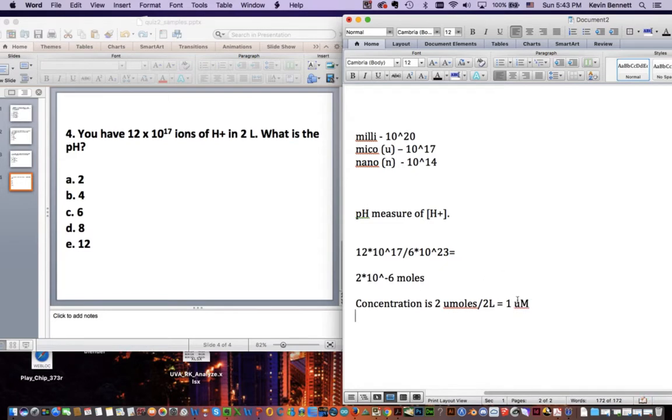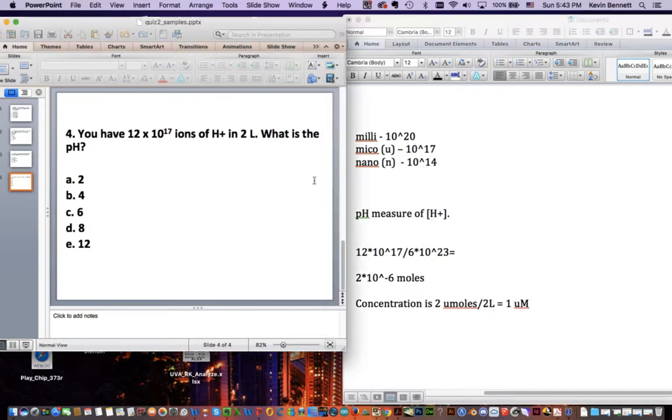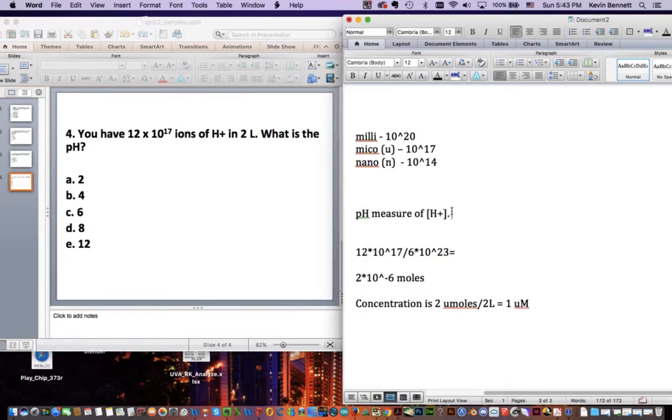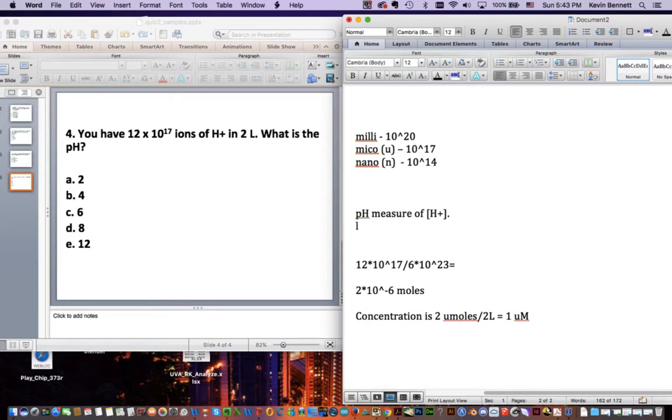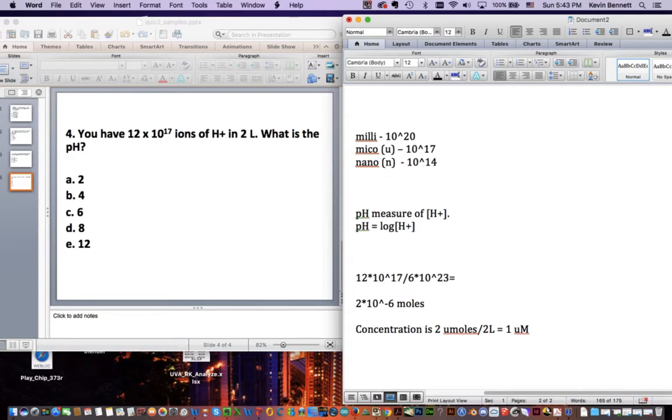So 1 micromolar concentration. Now we say, okay, what does that mean in terms of pH? So we said the definition up here: pH is the log base 10 of the protons. And so that means that, as we said before, if you have a pH of 3, that corresponds to a concentration of 10 to the minus 3 molar.